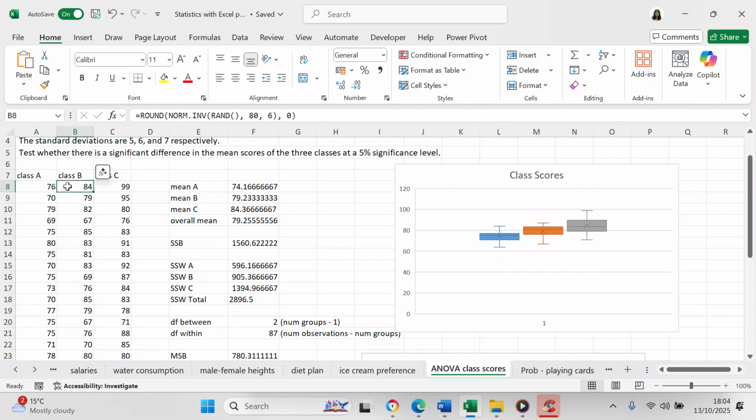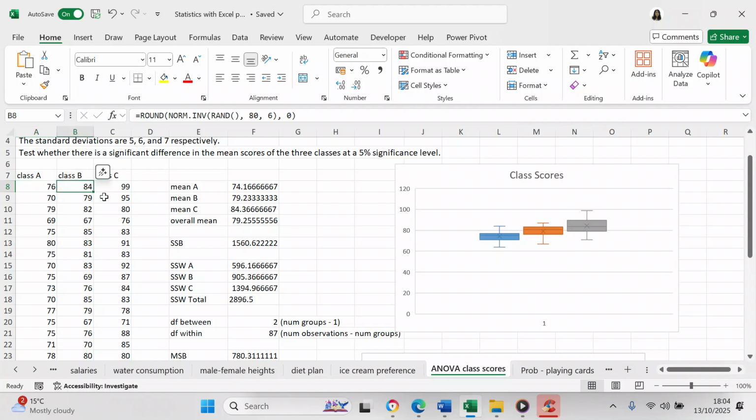Class B is a random number. The random number is a number between 0 and 1, but you multiply that by 75 to get a number with a mean of 75.